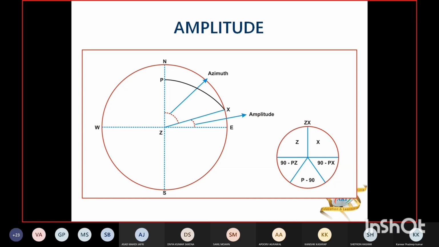Shall I move on? Yes, sir. एक बार फॉर्मूला एक बार. हाँ, नेक्स्ट स्लाइड पे आऊंगा मैं, डोंट वरी.